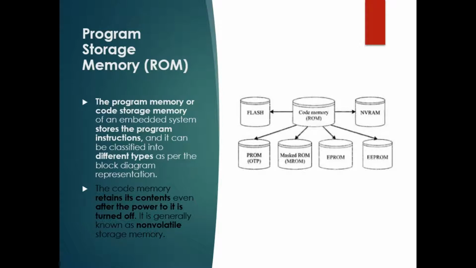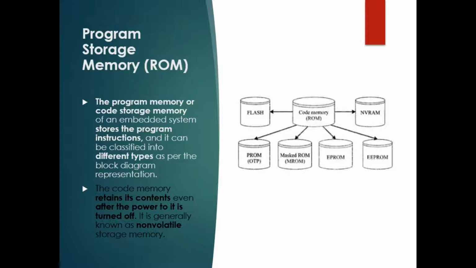The code memory retains its contents even after the power to it is turned off. That's why it is generally known as non-volatile storage memory. This is very important to remember. They are non-volatile memory. Even though the power supply to the memory is off, this kind of memory stores the information. So the hard disk of your laptop is a very good example of program storage memory.